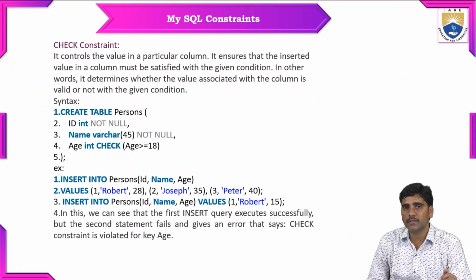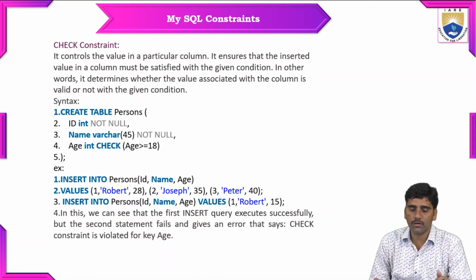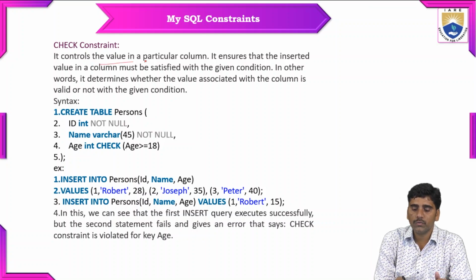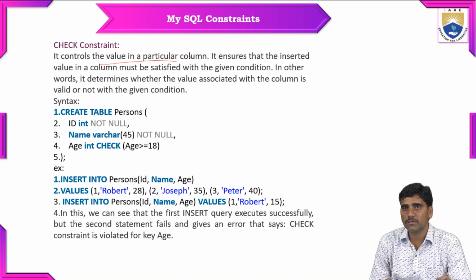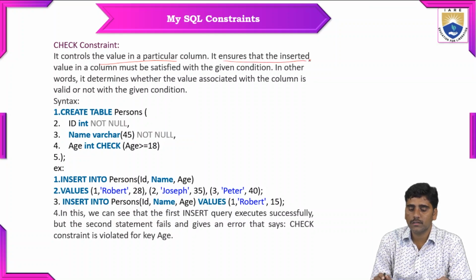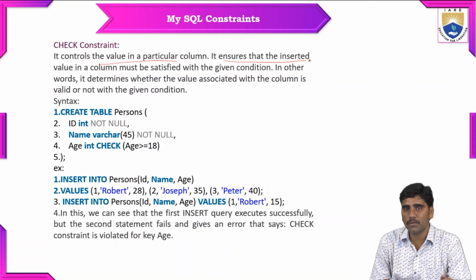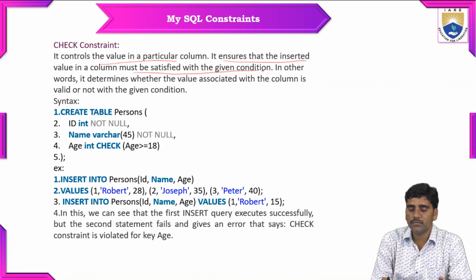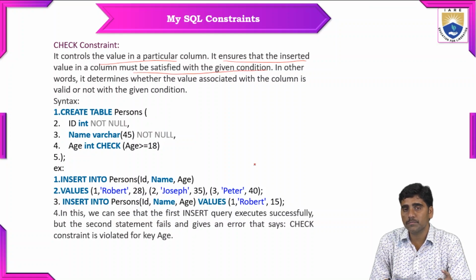Next, check constraints. Check constraints control the value in a particular column. It ensures that the value inserted in a column must satisfy the given condition.